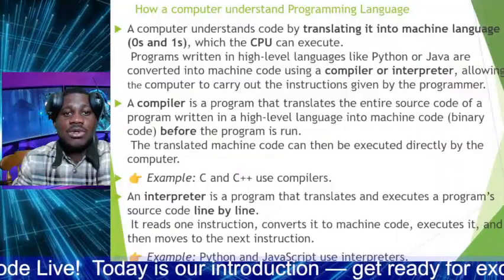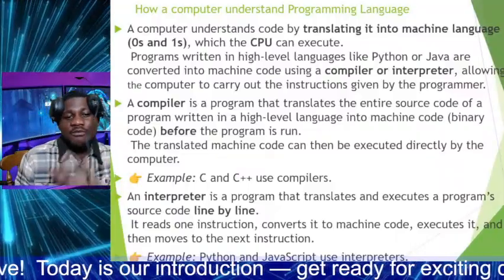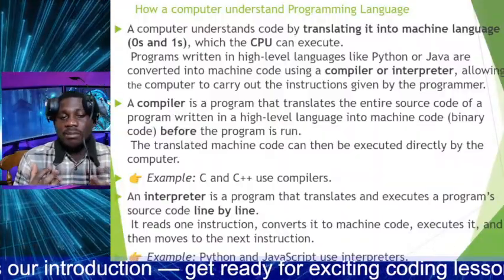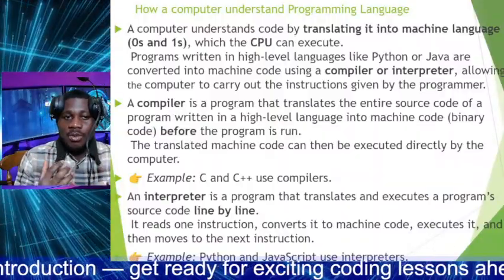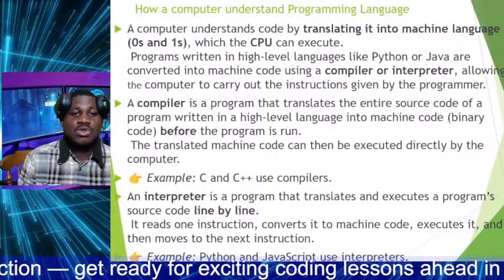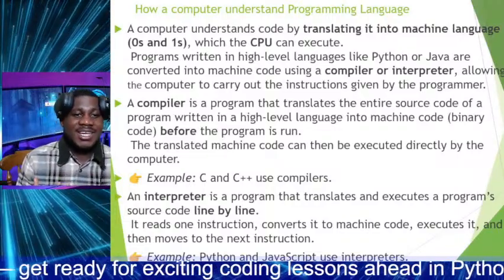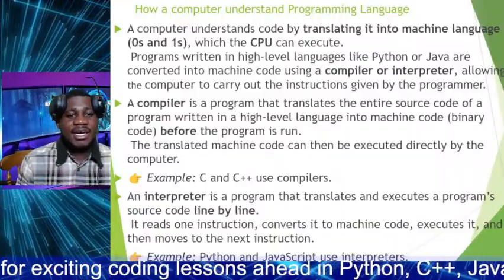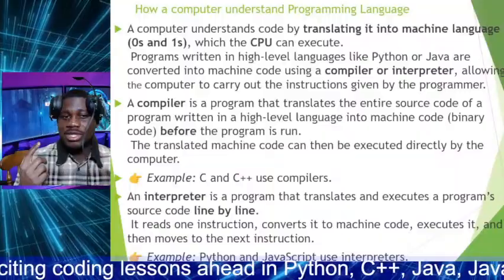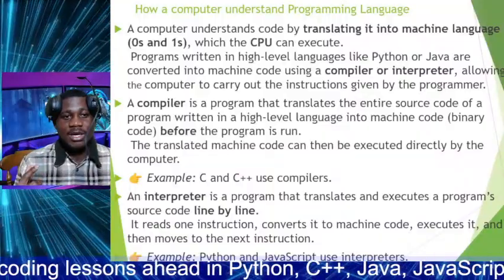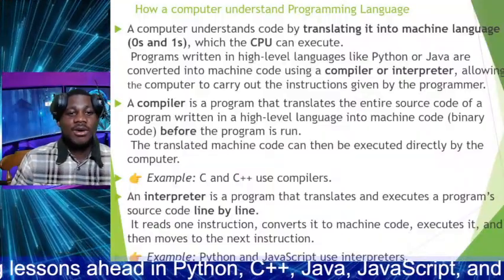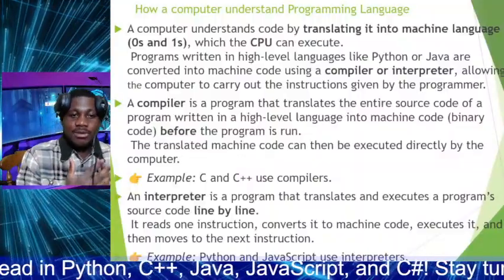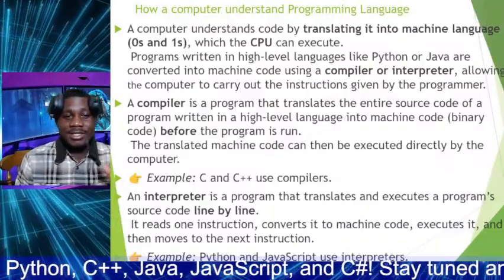It is a way of converting those natural languages to zeros and ones, that is the machine language. For a computer to understand programming languages, it uses a compiler and an interpreter.